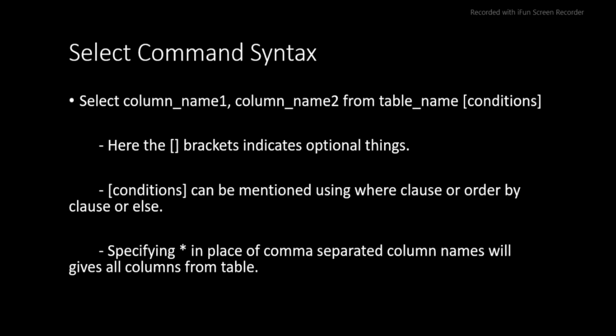We can view table records without specifying any condition. And specifying star in place of comma separated column names, that is column name 1, column name 2, will give you all columns from the table. That is, if you fire a query like select star from table name, it will return all records from our table with all columns.